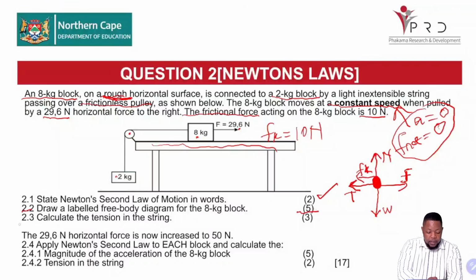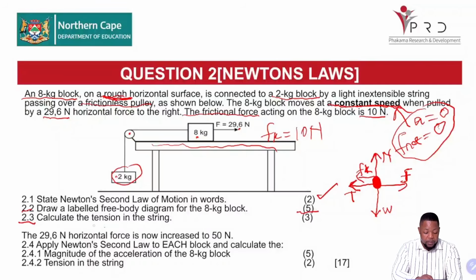Then 2.3 says calculate the tension on the string. If we want to calculate the tension on the string, we also remember that this system is moving at a constant speed. Our acceleration is 0 and the net force is equal to 0. They did not ask us to draw the free body diagram for the 2 kg, but the 2 kg can give us the tension force quickly.